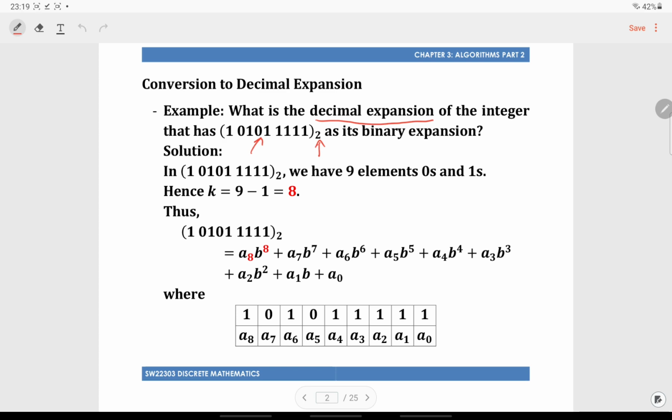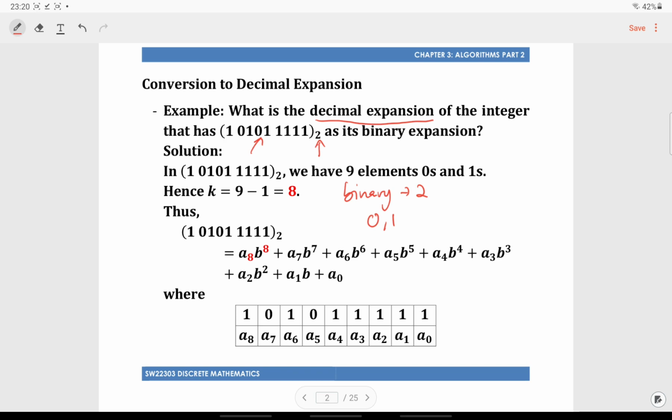Binary means it is base 2, so the digits in this expansion must be 0 and 1. There is no 2, 3, 4, and so on. Only 0 and 1 are allowed as elements of this expansion.